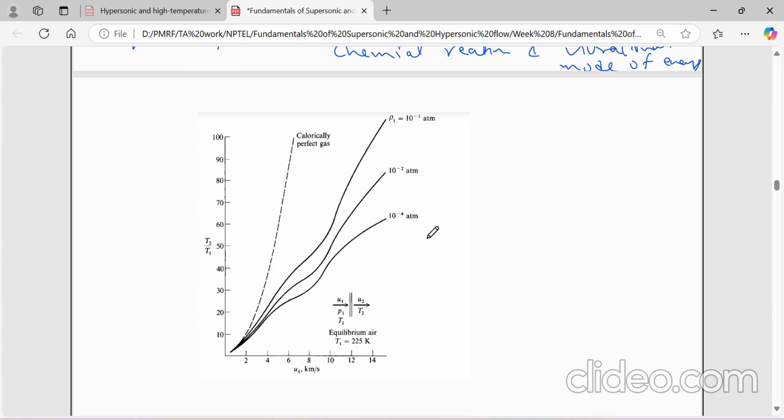This is the same plot which I have shown before. It is about temperature ratio versus velocity. For a chemically perfect gas, we already know that energy will go only in the translational and rotational modes, so it will have high temperature compared to real gas, in which energy will go in all modes of energy.